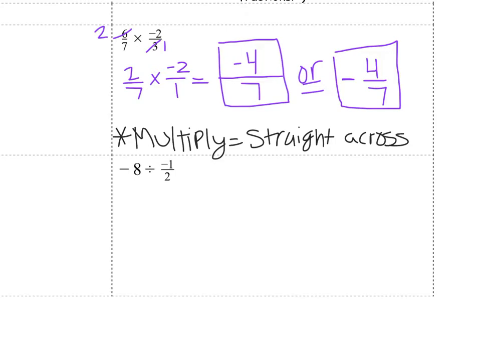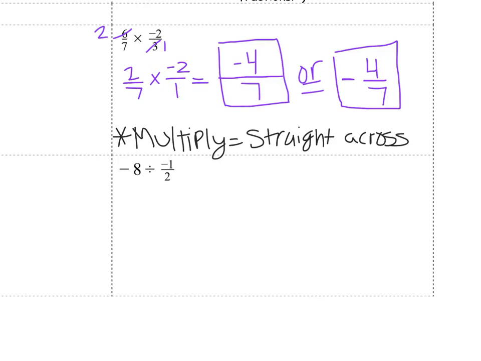So once you see that you have both of the fractions in multiplication form, then you just simply multiply across. Make sure you are multiplying the numerator straight across and the denominator straight across. It doesn't matter which one you do first. Just make sure you're not multiplying like 2 divided by 7 and negative 2 divided by 1.